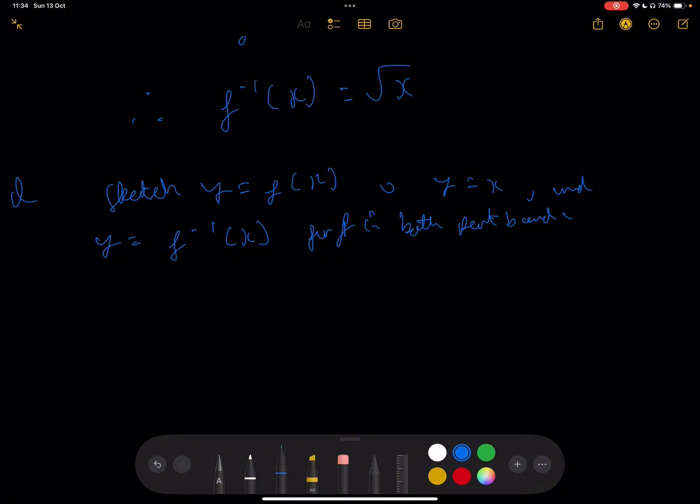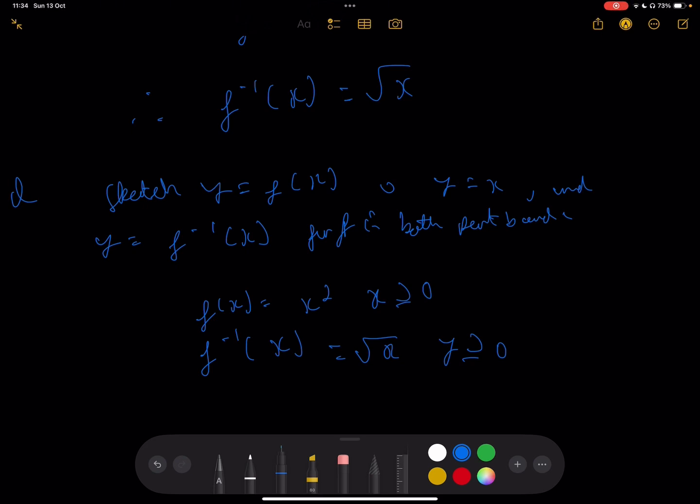For f of x is equal to x squared, where x is greater than or equal to 0. And we know that the inverse function of f of x is equal to the square root of x, where y is greater than or equal to 0, right?